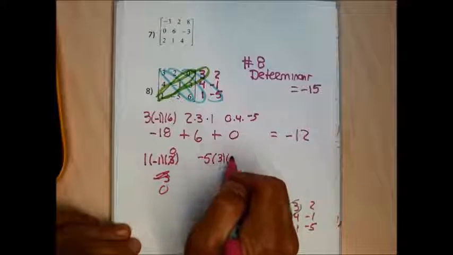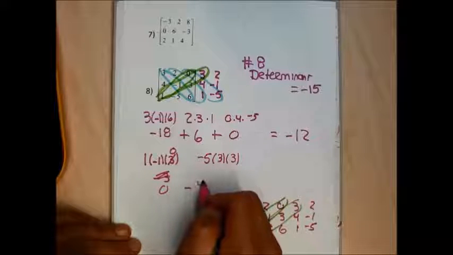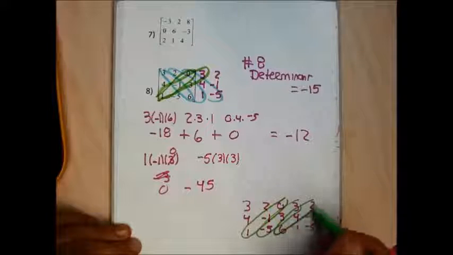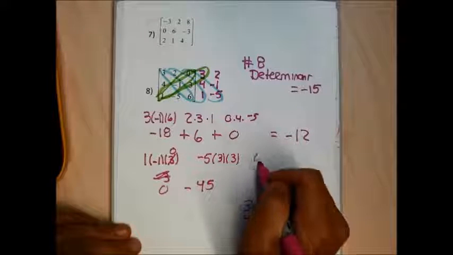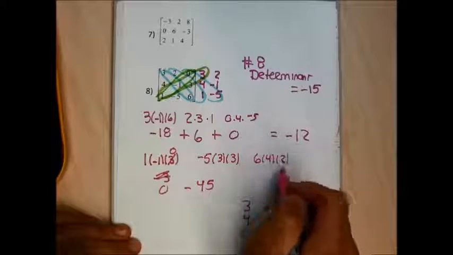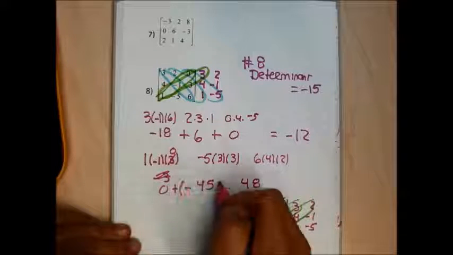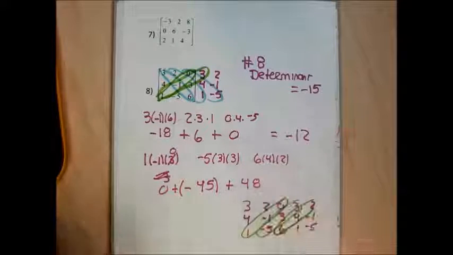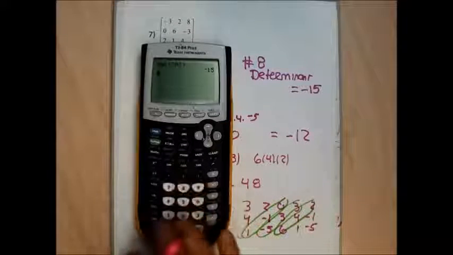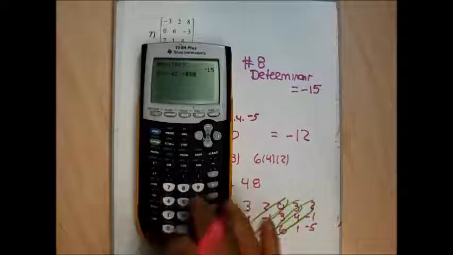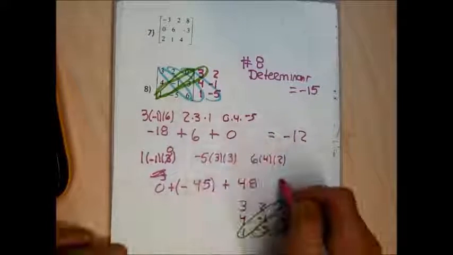That's negative 45. And the last is 6 times 4 times 2. That's 48. I need to add these, so 0 plus negative 45 plus 48 equals 3.